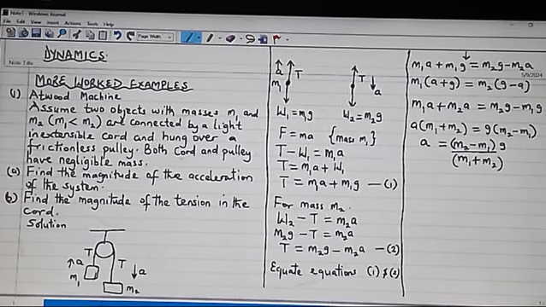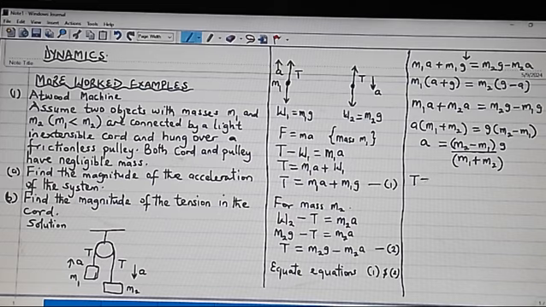So we can also calculate the tension using any of the expressions, either equation 1 or equation 2. So I choose to use equation 1, so that my T, I'll just simply substitute the expression for A into equation 1.